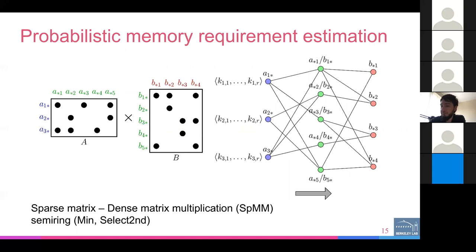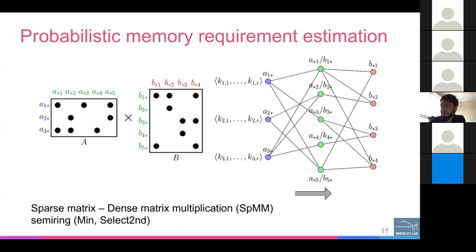This operation can be seen as a sparse matrix dense matrix multiplication, where we overload the operators. So instead of multiply and add operators, we have a select second, which selects the dense matrix elements, and a min operator for the addition.